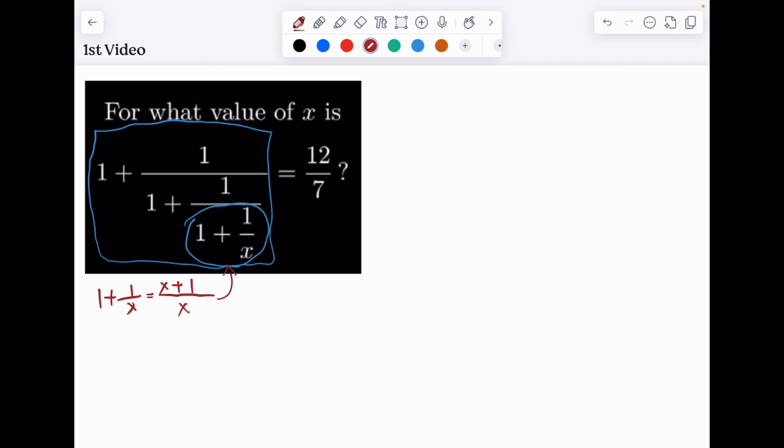And then we're gonna go ahead and continue our algorithm, and we focus on this portion of the complex fraction. So we're gonna be rewriting.